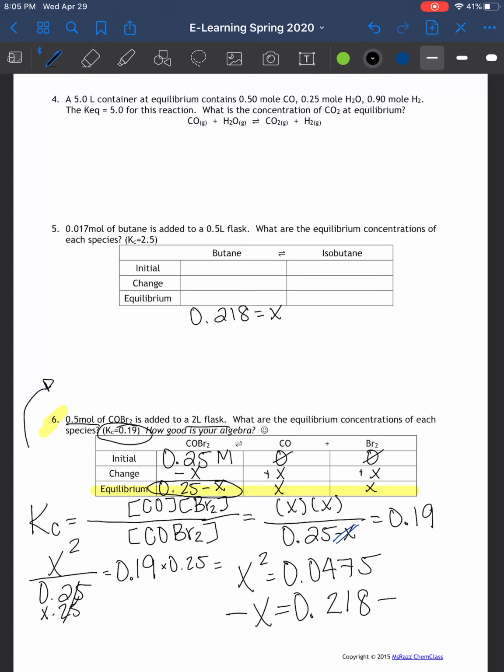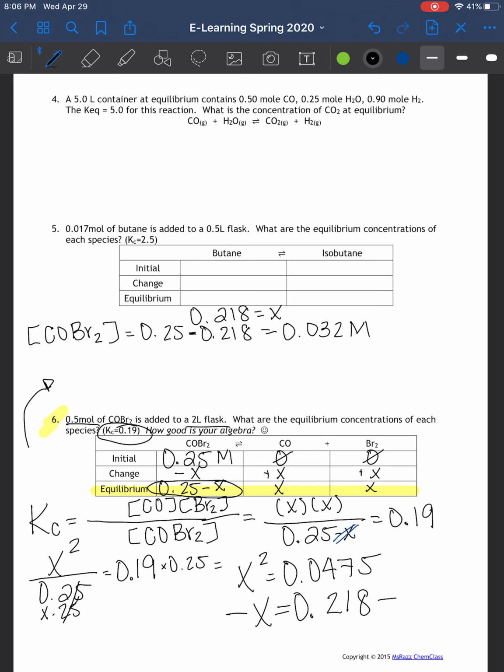Okay, so to find all three equilibrium concentrations, I have COBr2 is equal to 0.25 minus x, and x is 0.218. So then I have 0.25 minus 0.218. So I get 0.032 molar.